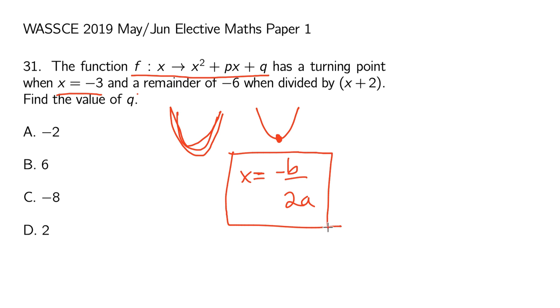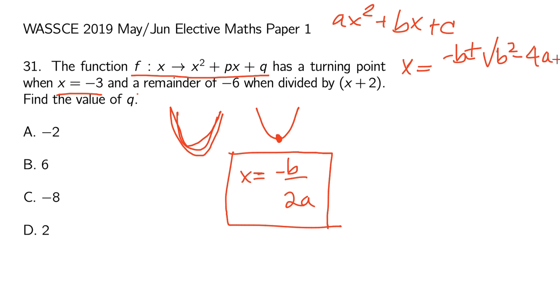It's also a fact about quadratic functions because their curves are parabolas, and we can derive it a number of ways. The first is that we can take the derivative of a function of this sort, ax squared plus bx plus c, but we can also use the quadratic formula, where we have x equals minus b plus or minus square root of b squared minus 4ac all over 2a.